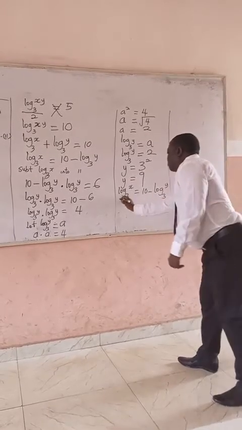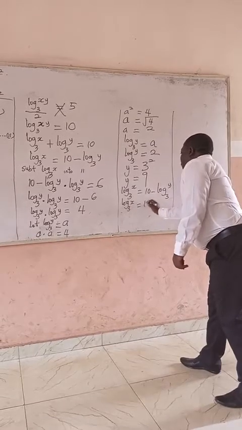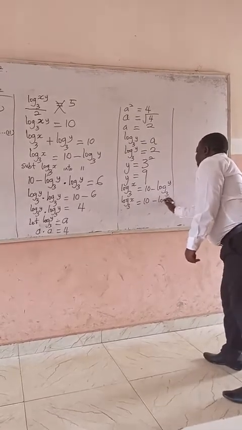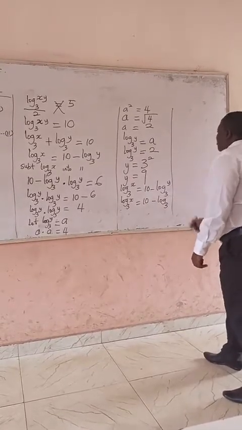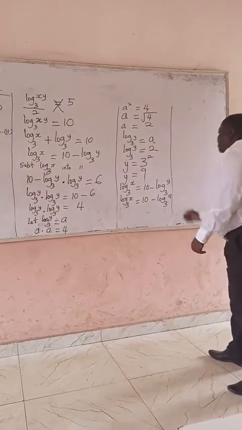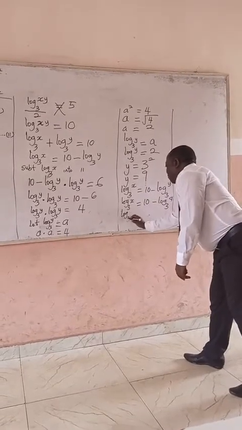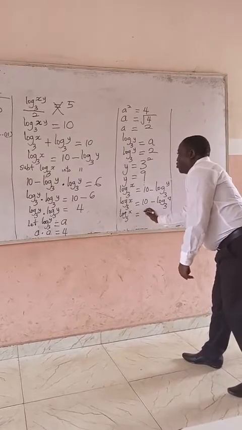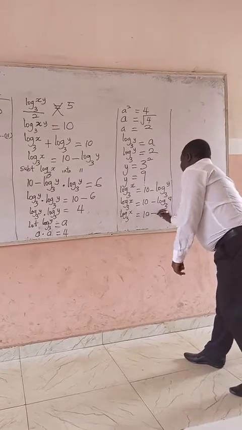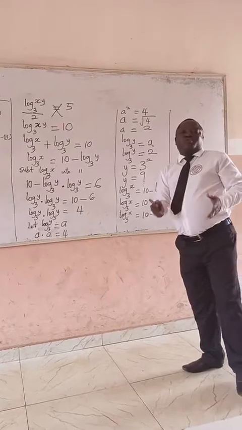Then this becomes logarithm of x in base 3 is equal to 10 minus logarithm of 9 in base 3, which is equal to 2.